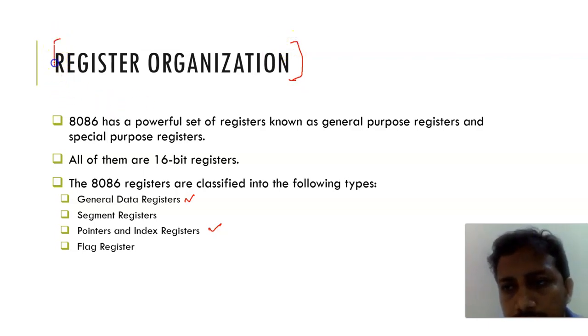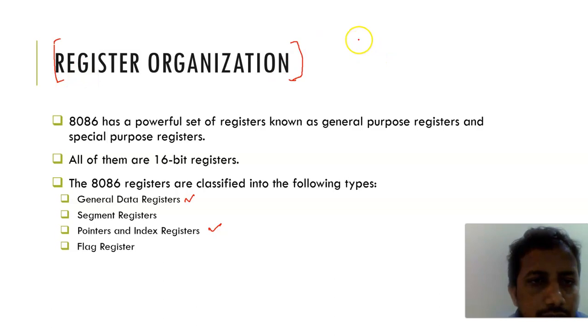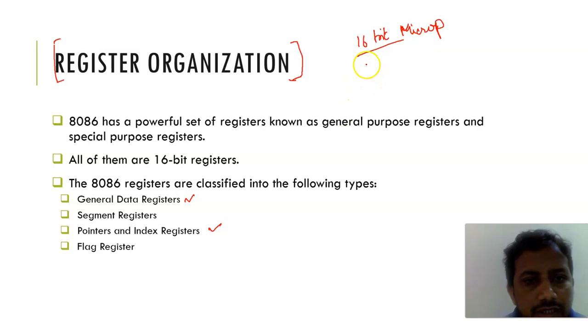8086 microprocessor. The 8086 microprocessor is a 16-bit microprocessor which has a 16-bit data bus and 20-bit address bus, and it has a number of powerful registers.